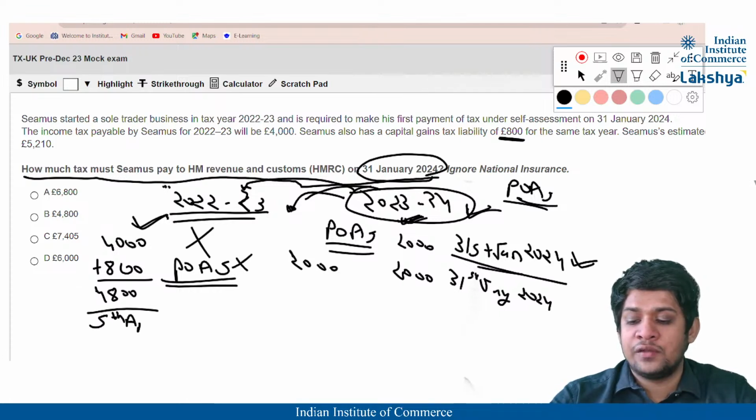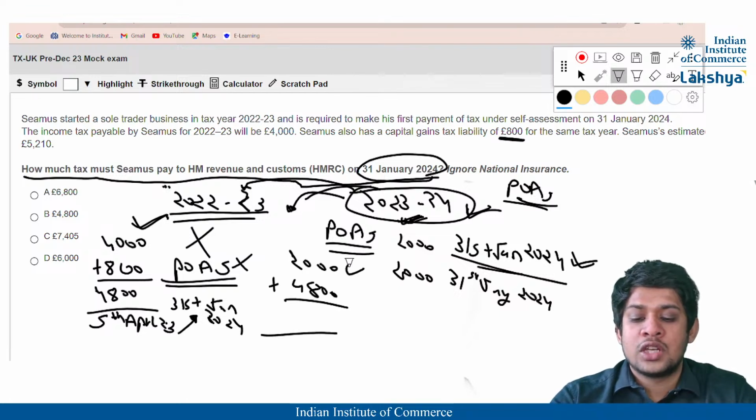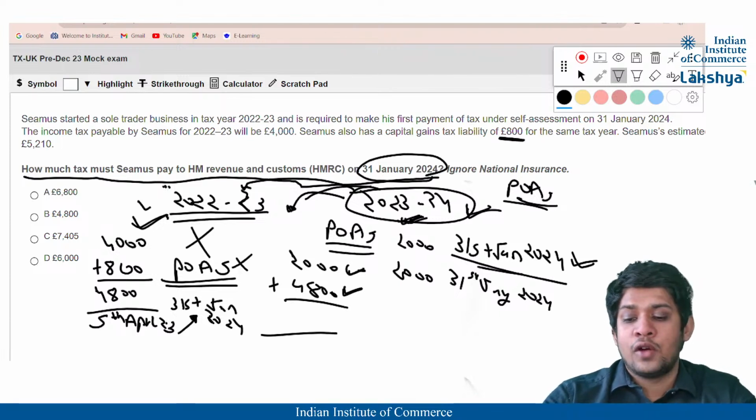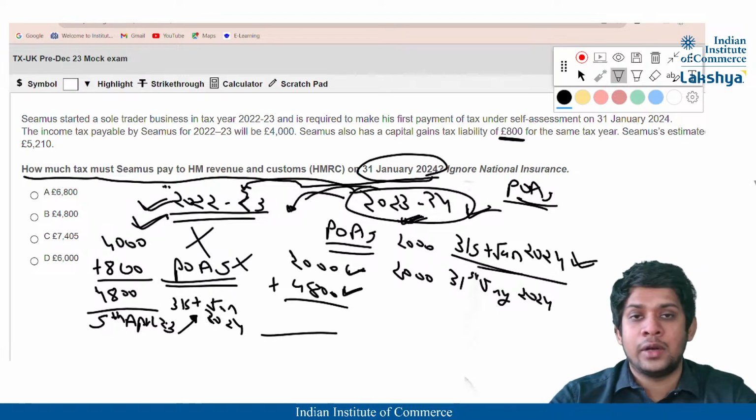This tax year ends on 5th April 23 and the next 31st January will be 31st January 2024. So she will pay this 4,800 also on 31st January 2024. So she'll make her first POA on 31st January 2024 together with the total liability for the tax year 2022-23. So the total will be 2,000 plus 4,800, that will give us 6,800.